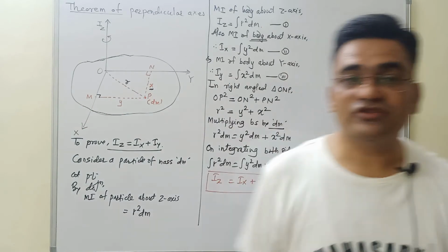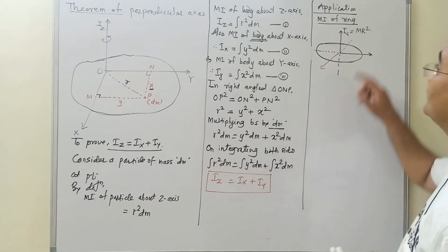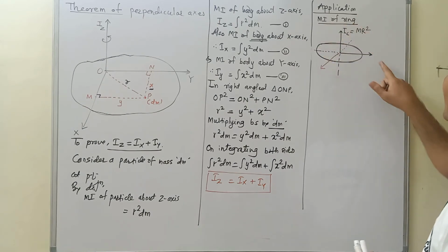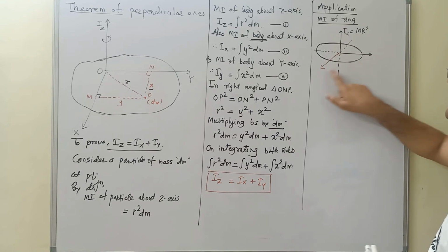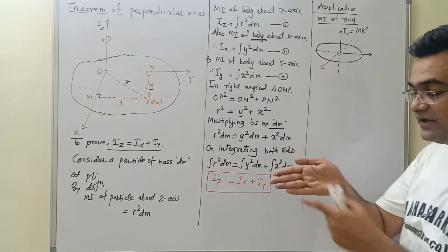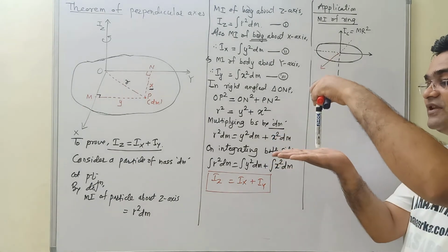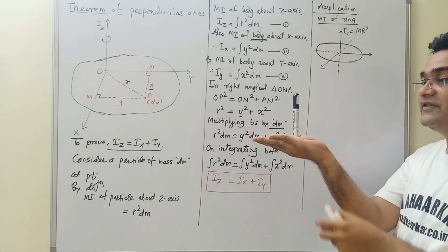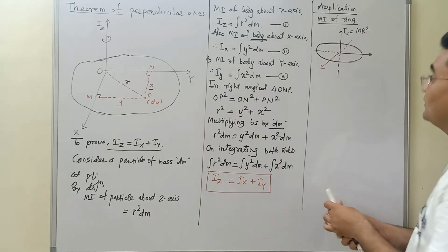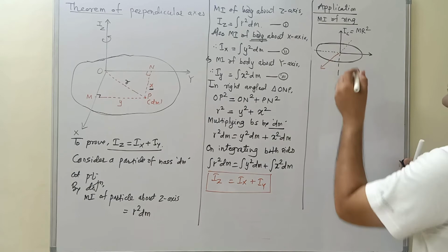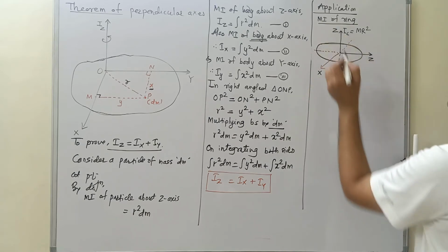So let's learn those also. Let's find the moment of inertia of a ring about any diameter. The red and this black both represent the moment of inertia of the ring about its diameter, like this it is going to rotate. Whereas if this is the ring, the moment of inertia about the axis passing through its center is given by the formula mr square. So say this is the x-axis, this is the y-axis and this is the z-axis.